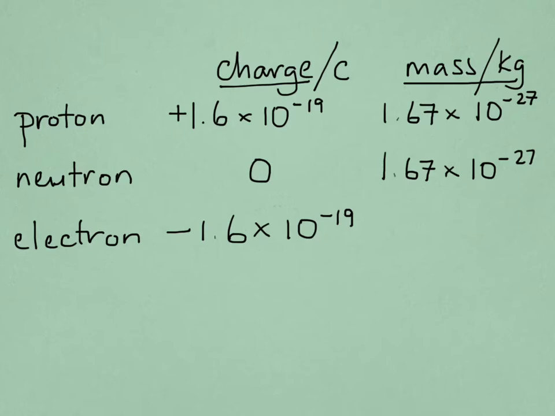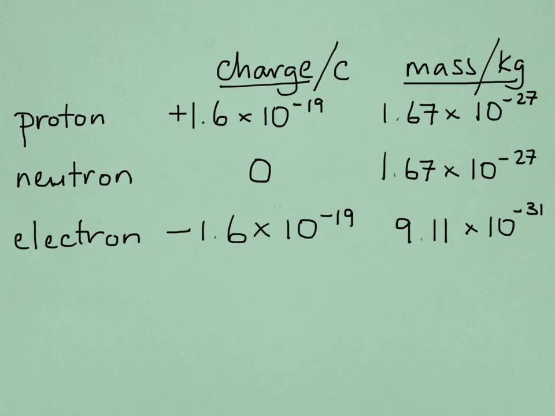If you do it to more significant figures than that, they are slightly different, but to 3 sig figs they're the same mass. The electron is 9.11 times 10 to the minus 31 kilograms, and you'll notice that there's a big difference between the power of 10 here. So minus 27 minus 31, that's a difference of 10 to the 4, which is 10,000.